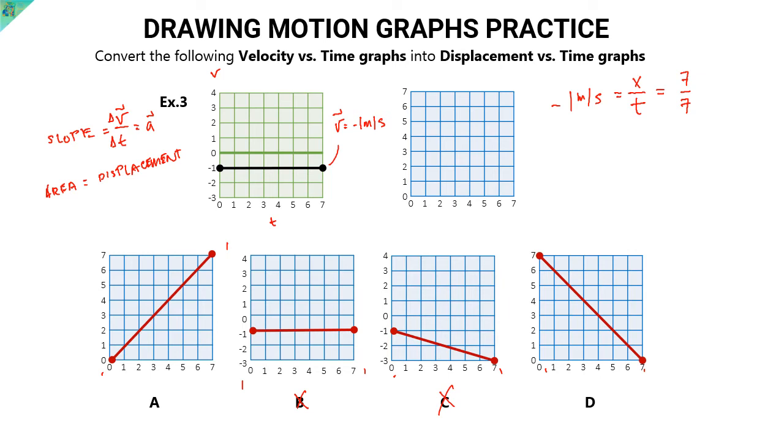Okay, so between A and D, we now have two choices, and according to our lecture last time, a positive velocity means it should change from position 1 into position 2 ng paangat, right?